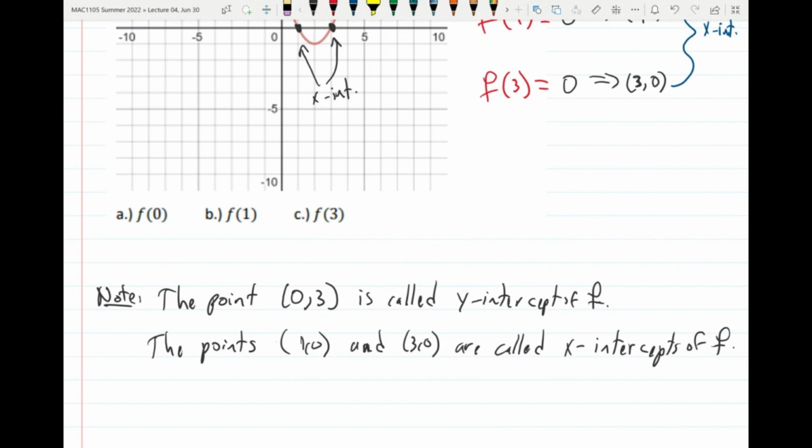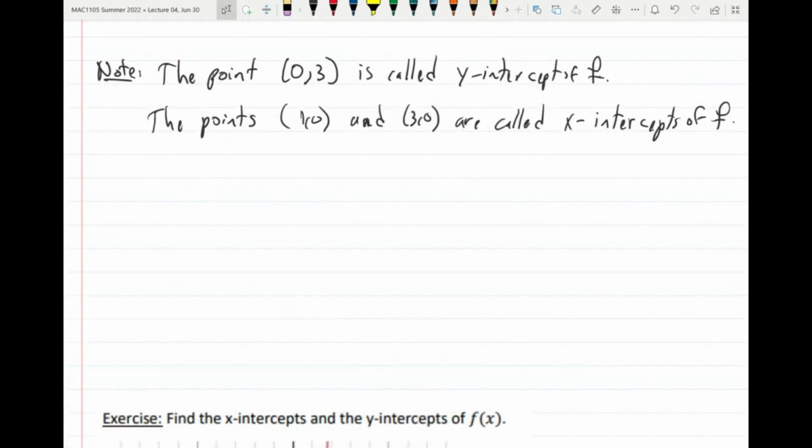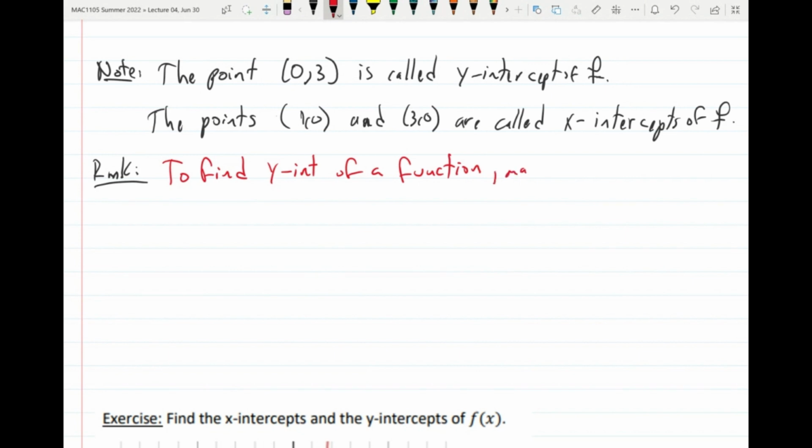All right, and then I think I wrote it last time, but let me just rewrite it. So remark: to find the y-intercept of a function, what do we do? We make x equal 0. In other words, you find f of 0. This is really what you need to do to find the y-intercept.